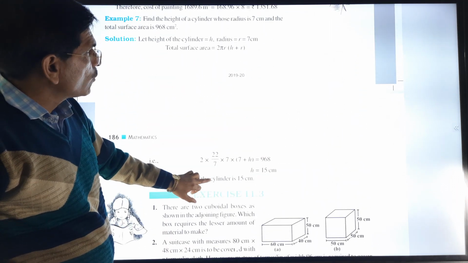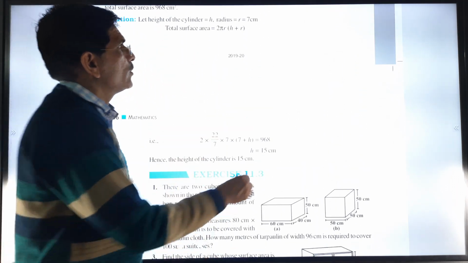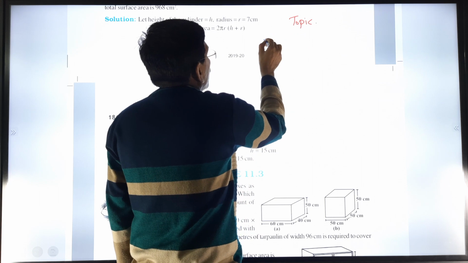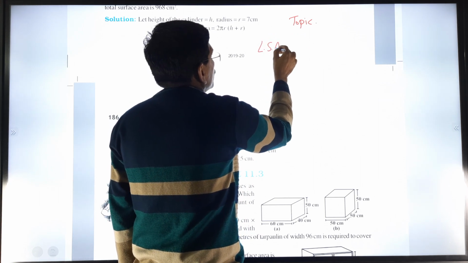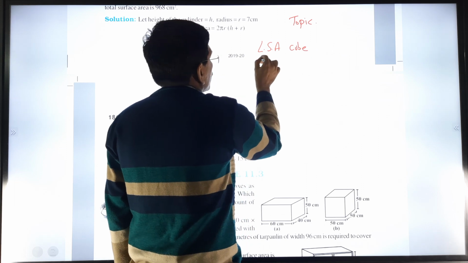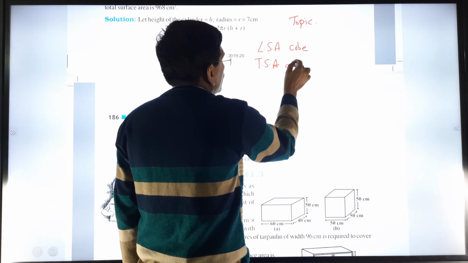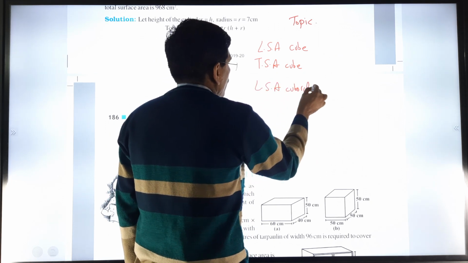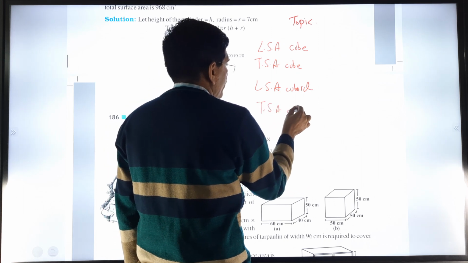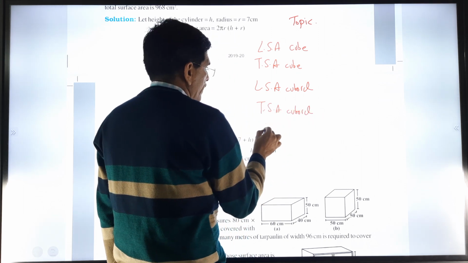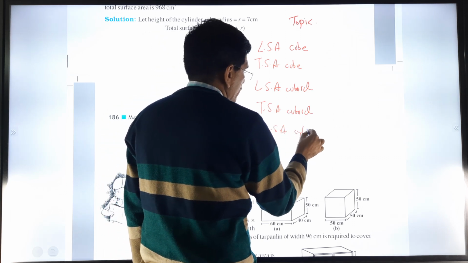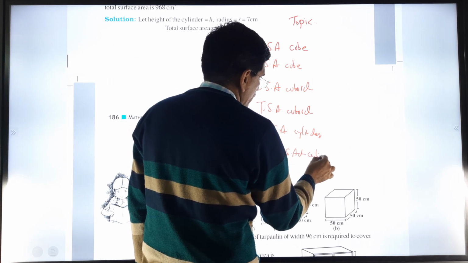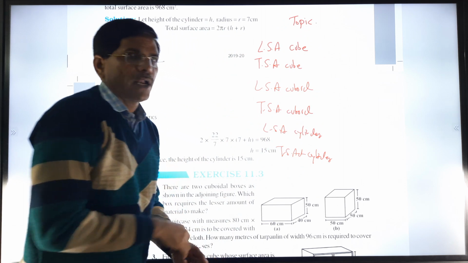So before I start 11.4, today's topic we have taken: lateral surface area of cube, total surface area of cube, lateral surface area of cuboid, total surface area of cuboid, lateral surface area of cylinder, and total surface area of cylinder, or we can say closed. 6 formulas you have to remember.